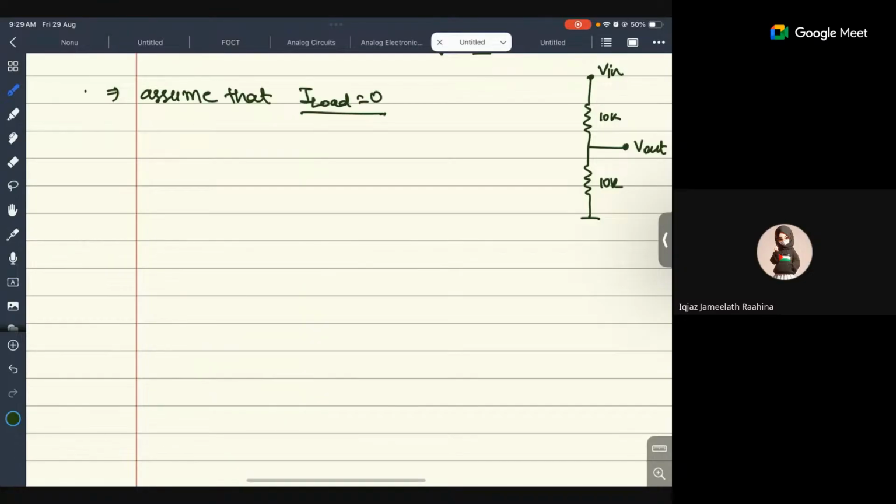If I load is equal to 0, then V out is V in times the drop across this resistor, 10K divided by 10K plus 10K. That is V in divided by 2. Now V in is 4.2, so 4.2 divided by 2 is 2.1 volt.